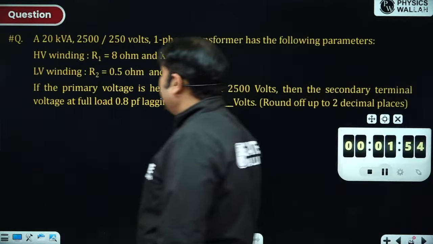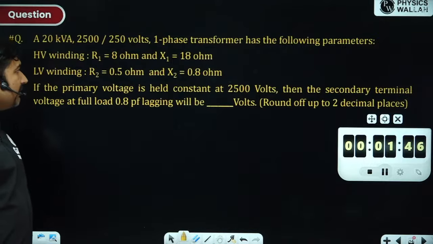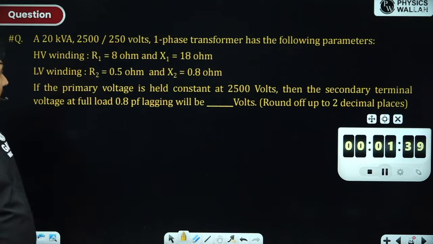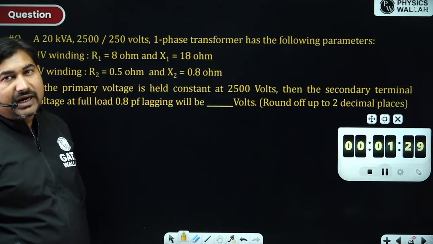A 20 kVA, 2500 by 250 volt single phase transformer has the following parameters: HV winding R1 8 ohm, X1 18 ohm, LV winding R2 0.5 ohm, X2 0.8 ohm. If the primary voltage is held constant at 2500 volt, then the secondary terminal voltage at full load 0.8 power factor lagging will be? Definitely for finding the secondary terminal voltage, we have to use the voltage regulation.